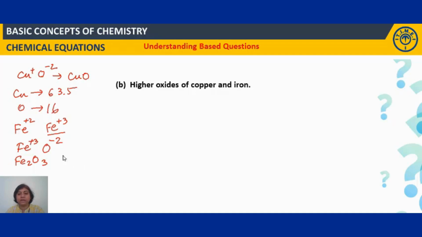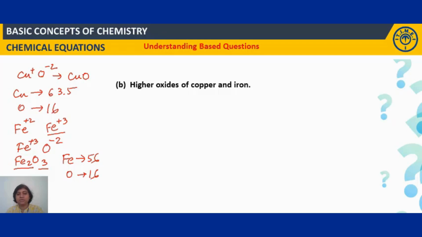How will you calculate the molecular mass? You have to know the atomic masses of iron and oxygen. Iron is 56, oxygen is 16, right? How many iron atoms are there? 2. So 56 into 2, plus how many oxygen atoms? 3. So 16 into 3.